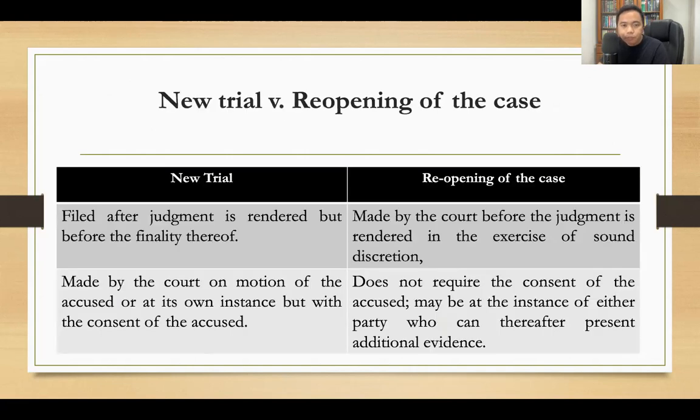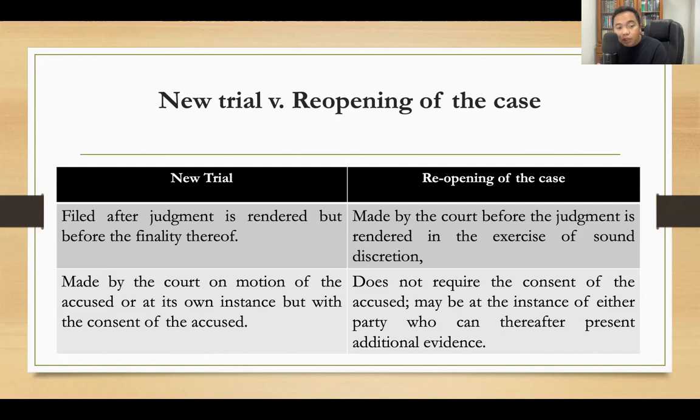Now, let us distinguish between new trial and reopening of the case. A motion for new trial is filed after judgment is rendered, but before the finality thereof. On the other hand, reopening of the case is done by the court before judgment is rendered and in the exercise of its sound discretion.